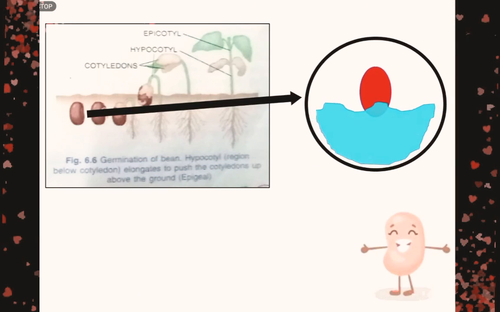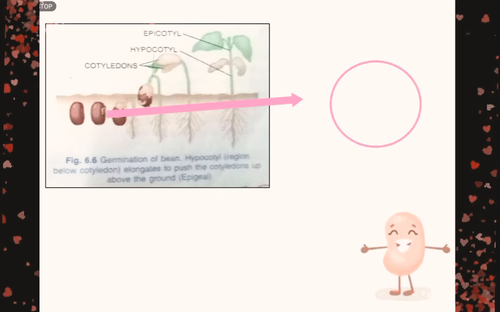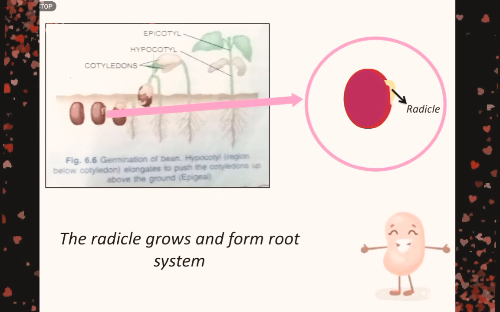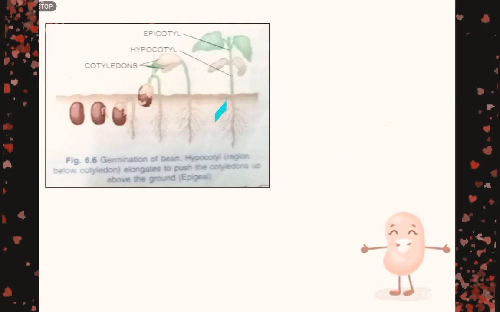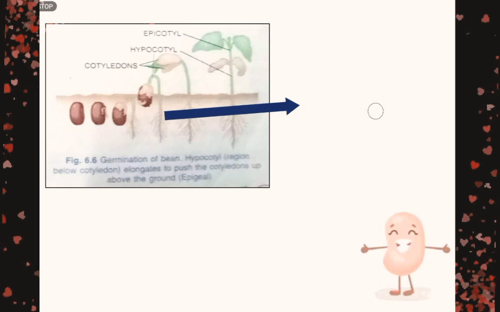Next, let's see about the bean seed. The seed absorbs water and swells. The radicle grows and forms the root system. The radicle grows out large, bursting the testa.